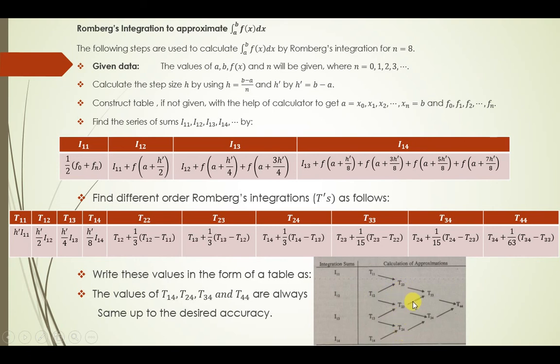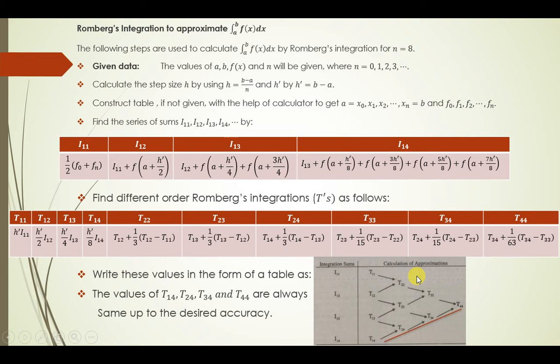Now the third column, we need to start these values T33 and T34 between these two values and these two values, and between these two values we will write here in the fourth column the last value T44. So this is the table that we need to write the values of all those T's in the form of a table just like this one.